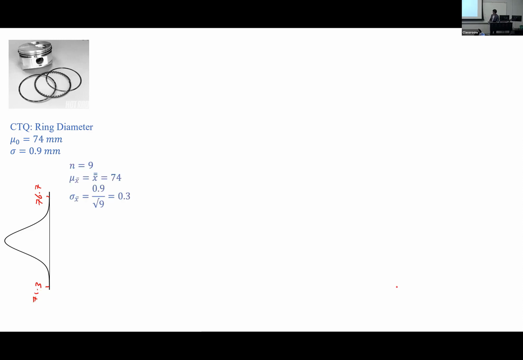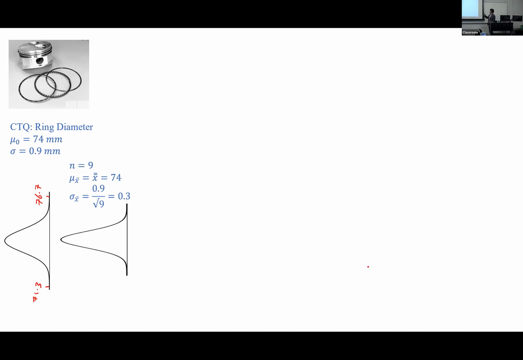So if I take a sample size of 9 and monitor the average of these samples, right? We learned from central limit theorem that it's going to have the same mean, but the standard deviation is going to change. So it's going to be centered around the same line.